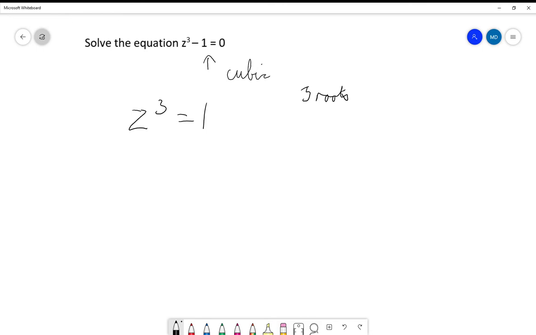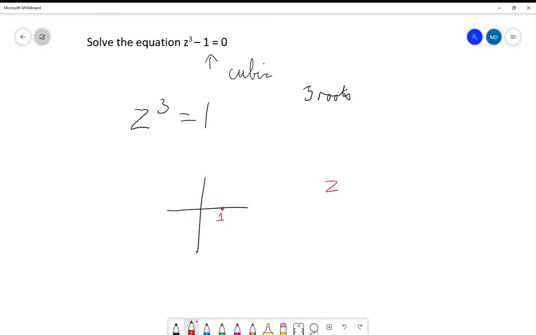Well, what we do is we remember our Argand diagram. And 1 is, of course, here. That's the number 1. And we remember that we can write any complex number in exponential form, as z equal to r e to the i theta, where r is the magnitude and theta is the argument.